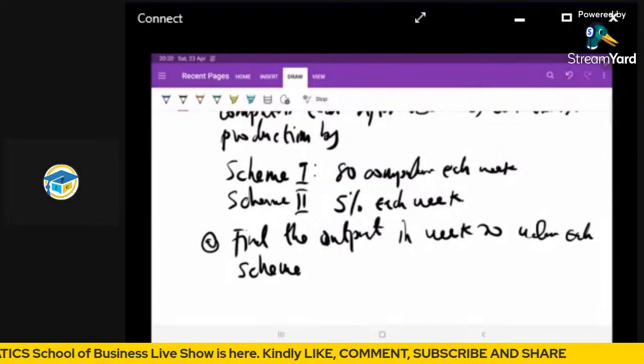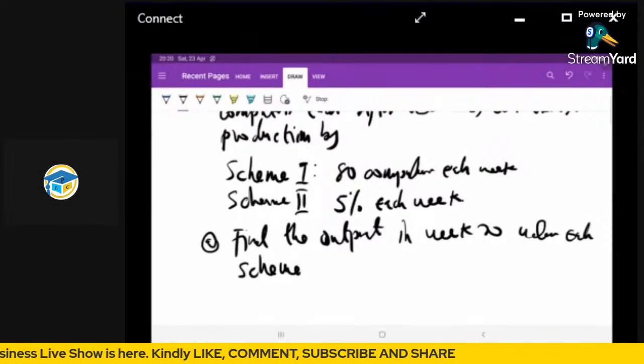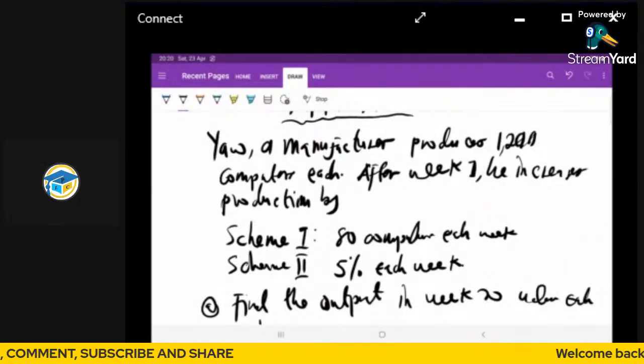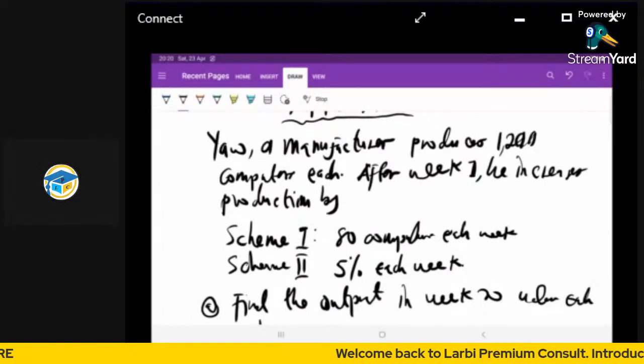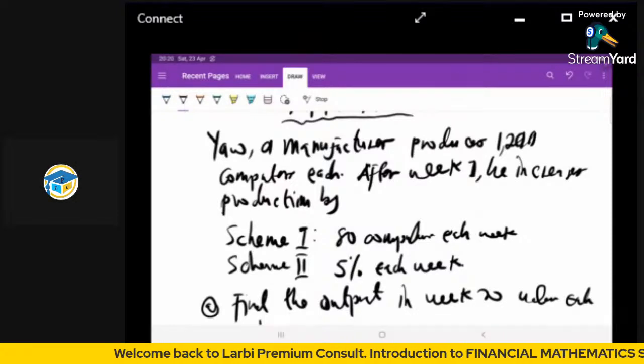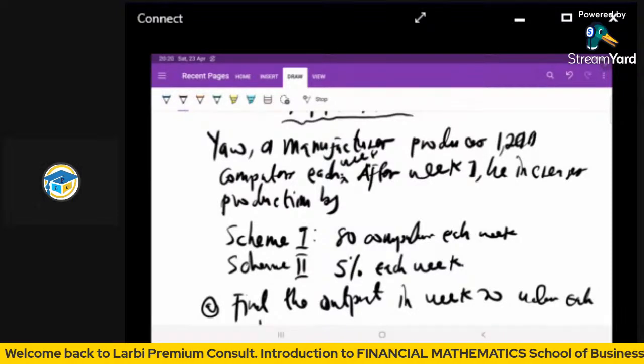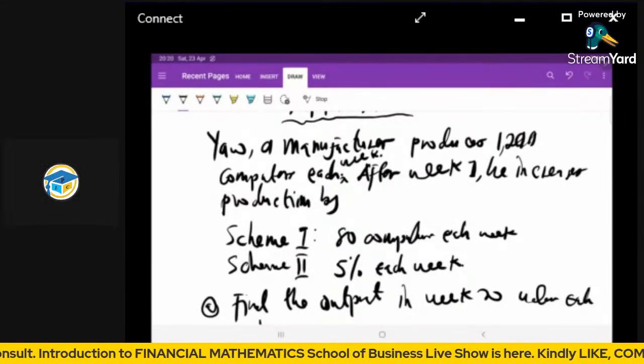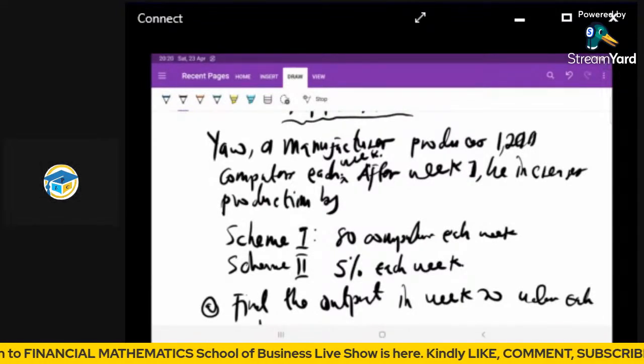So let's deal with the first one and move on to the second question that we have. Here is a case that we have: Yao, a manufacturer who produces 1,200 computers each week. Let me add a week here. The question tells us that after week one, he increases production.